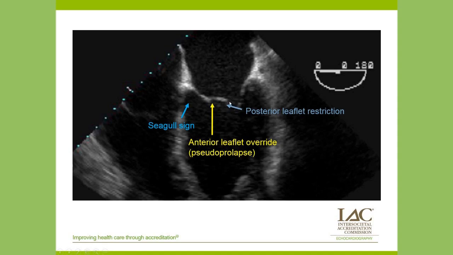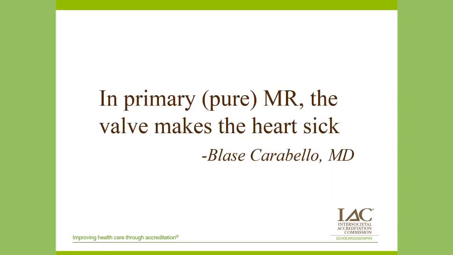You have anterior leaflet overriding the posterior leaflet, but it does not prolapse because it never comes above the annular line, which is right here. And so basically this is classic secondary MR. It's classic Carpentier 3B. The anterior leaflet overrides the posterior leaflet, but it doesn't come above the annulus. It's not prolapse. And that's a common mistake.